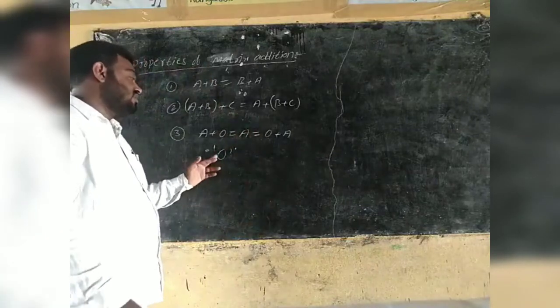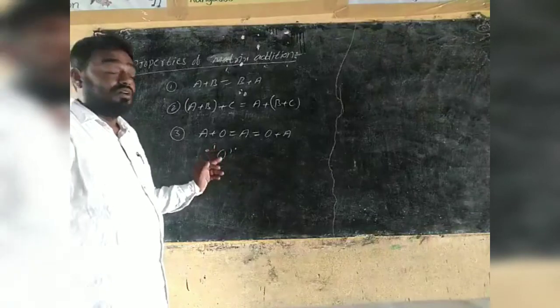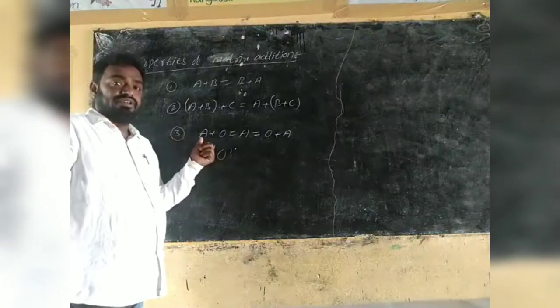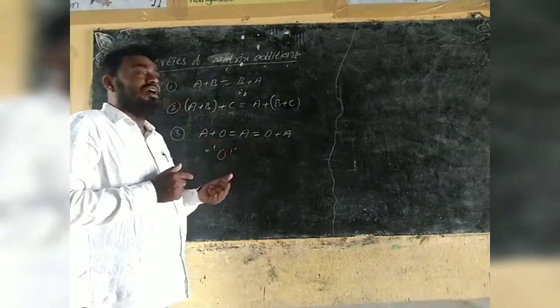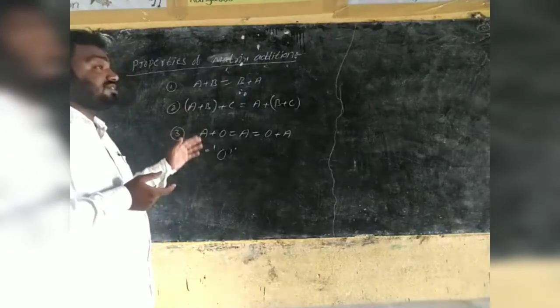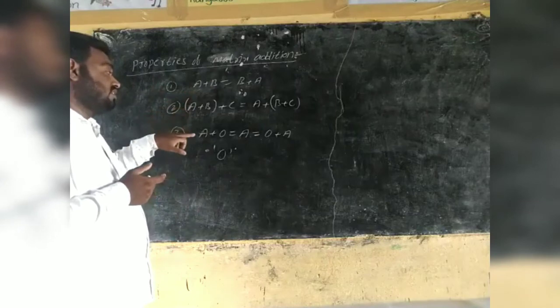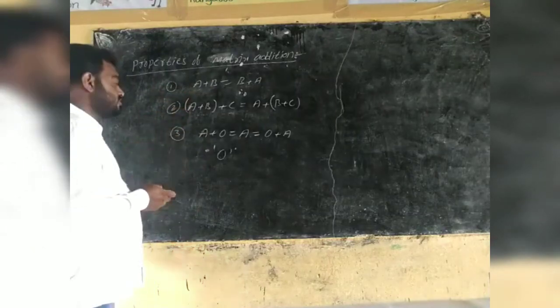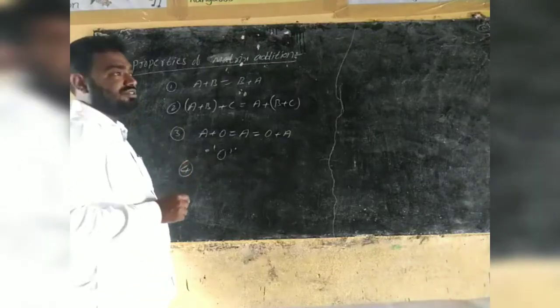Here O is called the null matrix of the order of A. If A's order is 2 cross 3, then O's order is also 2 cross 3. So addition of the matrices satisfies the commutative law, associative law, and existence of identity. Next, additive inverse we see.